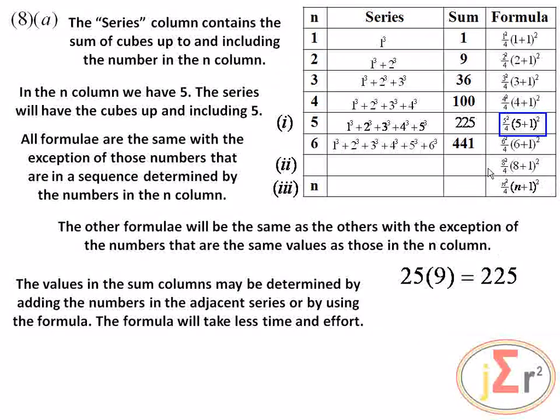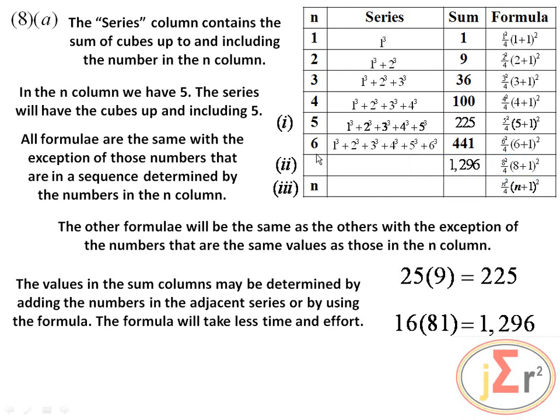Of course, this row. 8 squared over 4, 8 plus 1, all squared. 64 over 4, and multiply that by 81. But 4 into 64 is 16. So 16 multiplied by 81, and we have this number that turns out to be 1,296.